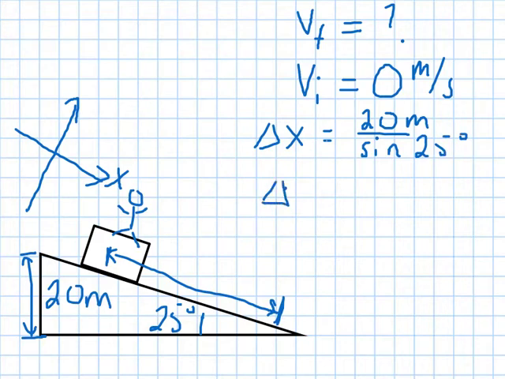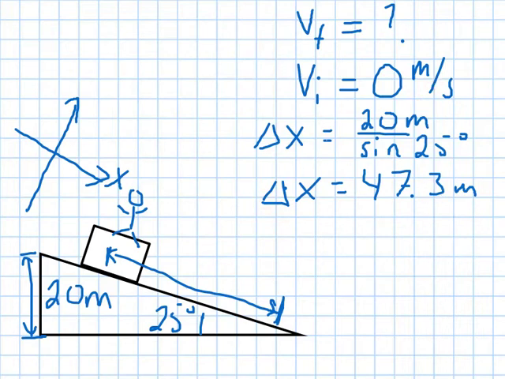And so when I solve that, I get 47.3 meters. I've put in an extra sig fig here, but since this is an intermediate step, that's actually good practice. I can always round off my final answer to the 2 sig figs that have shown up in the rest of the problem. So I know my delta x, I know my v initial.